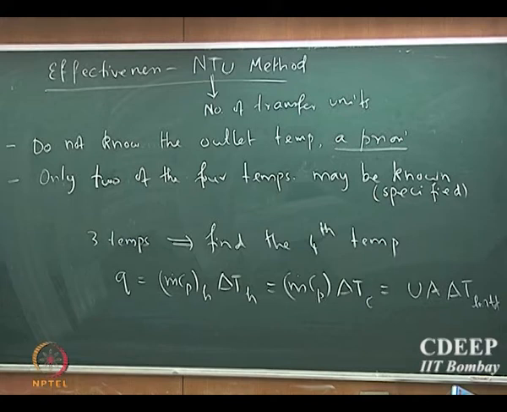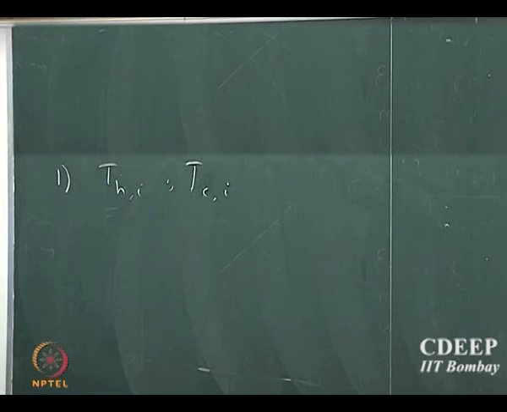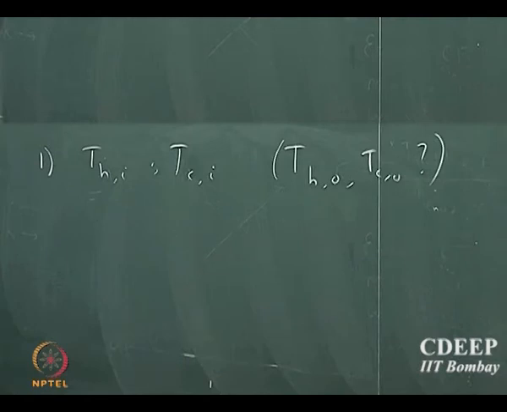So the first step would be, let us say that the THI and TCI are given to you. The inlet temperatures of the hot and the cold fluid are given to you. Now we don't know what are the THO and TCO. We only know these two quantities and we don't know these two quantities.